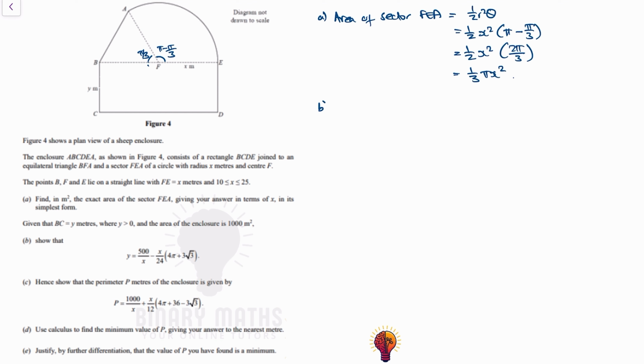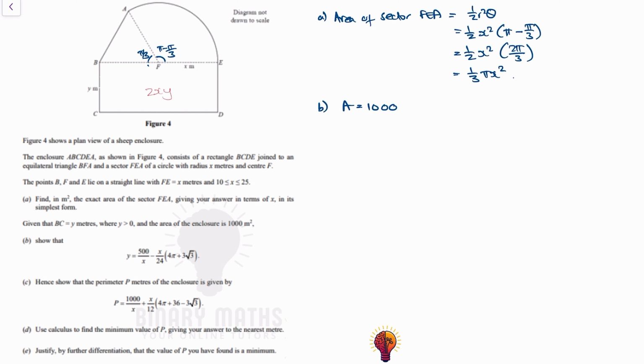Okay, B. Given that BC is equal to y and y is greater than 0, the area of the enclosure is equal to 1000 meters squared. The rectangle is going to be 2xy.